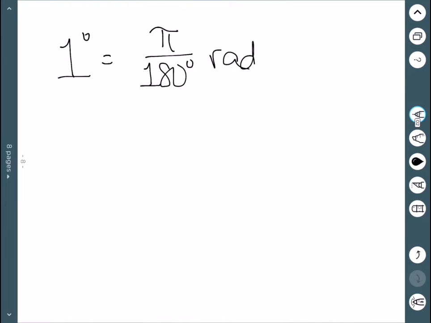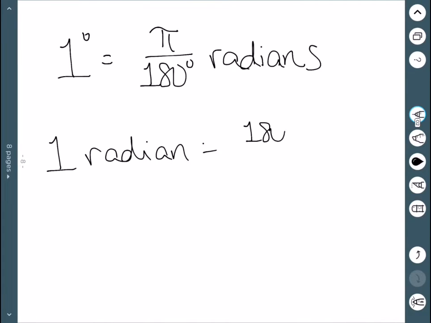We would like to convert between degrees and radians to see that relationship. And we can actually say that 1 degree is pi over 180 radians. And on the other side of that, 1 radian is 180 over pi degrees.